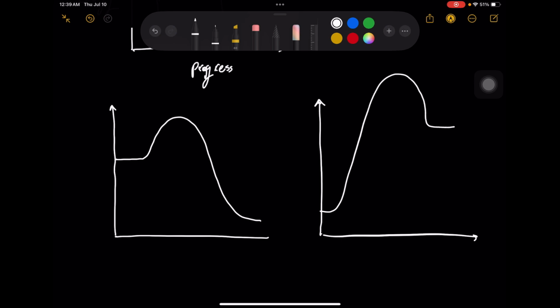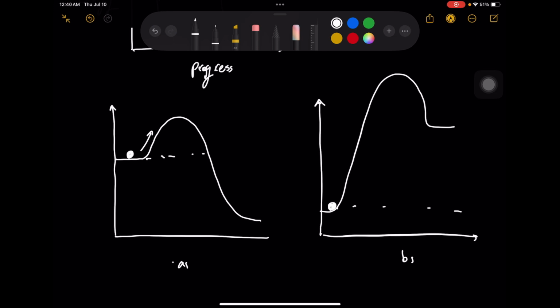Will it be easier for a person to move his cart from here in graph A, or will it be easier to move his cart to this point using this hill? Of course, this one would be easier. So which one would be the faster? Which one takes longer to reach the destination point, which is here? Obviously, this one would be much faster than this one.